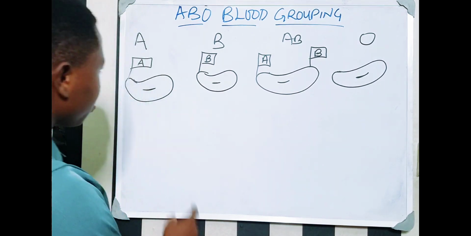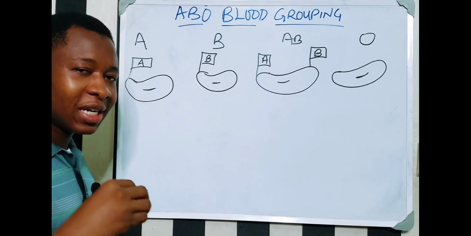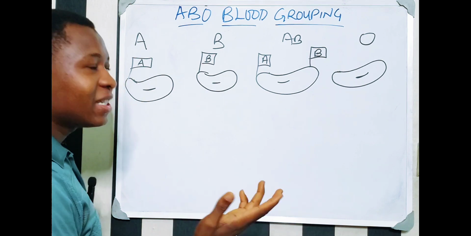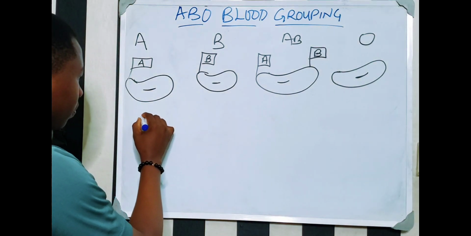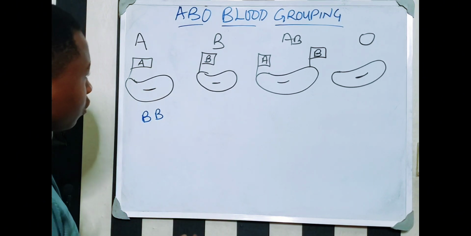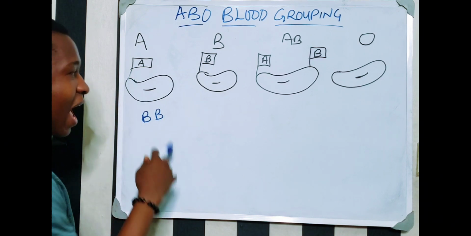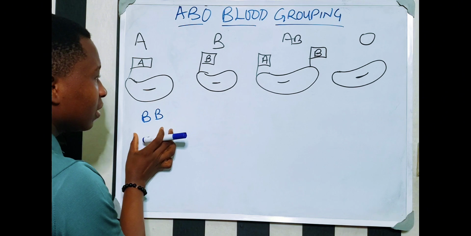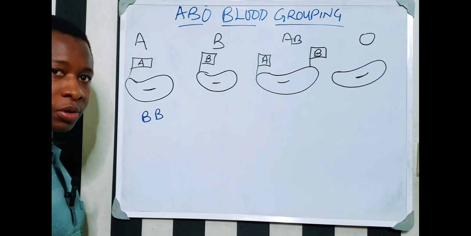So for the blood group A, it has an antibody that protects it from other types of blood group, and that antibody is antibody B. So the blood group A has A antigens on the surface of the red blood cell and has B antibody. This antibody protects the blood cell from other types of blood.